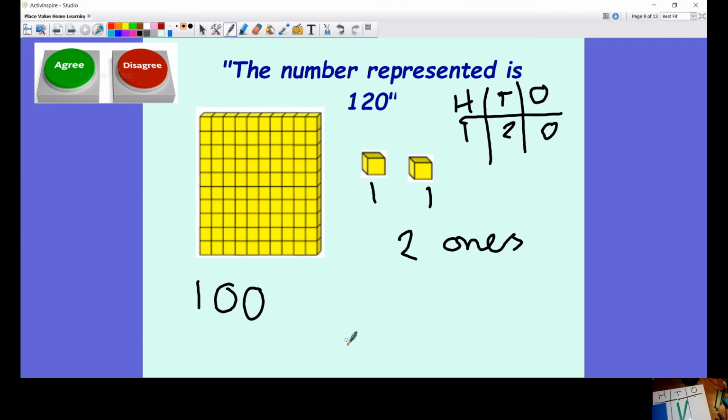This is what we are looking for: 120. 1 hundred and 2 tens, 20. What we've been given, which is not what we ordered, is 100, no 10s, and 2 1s. 102. Not correct.